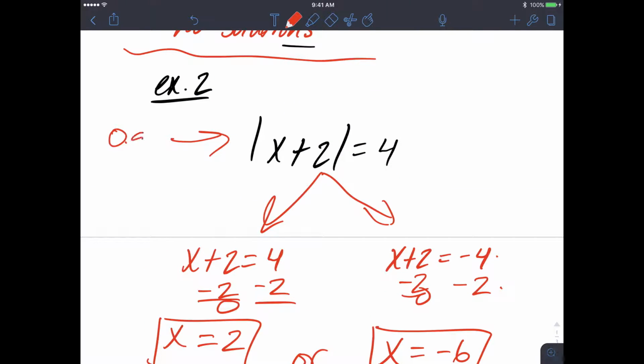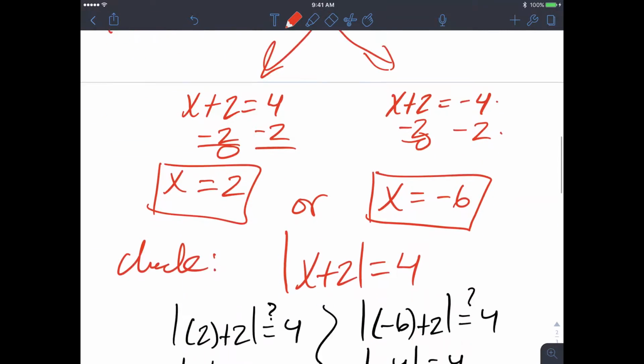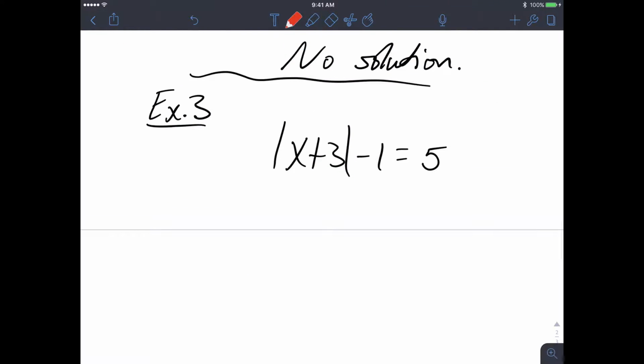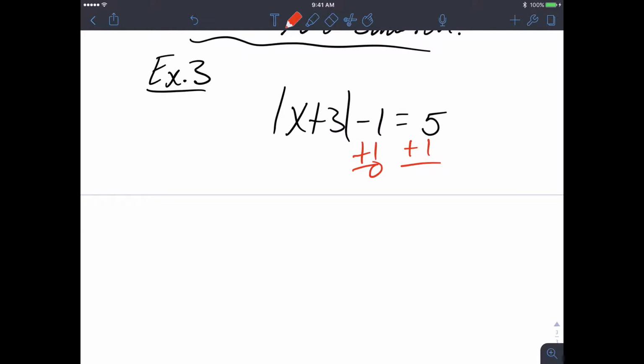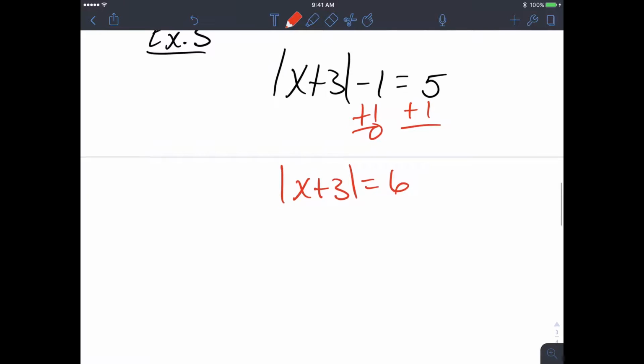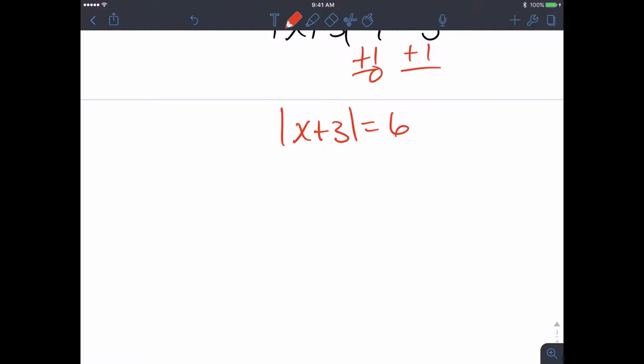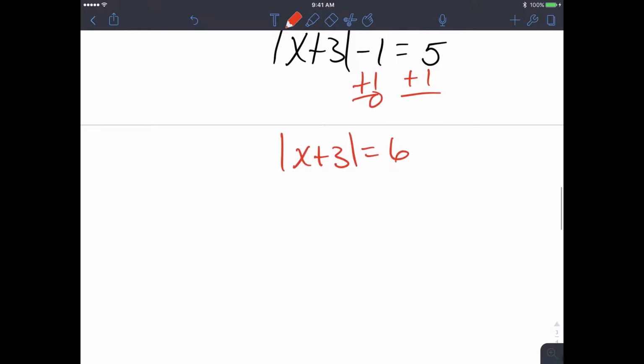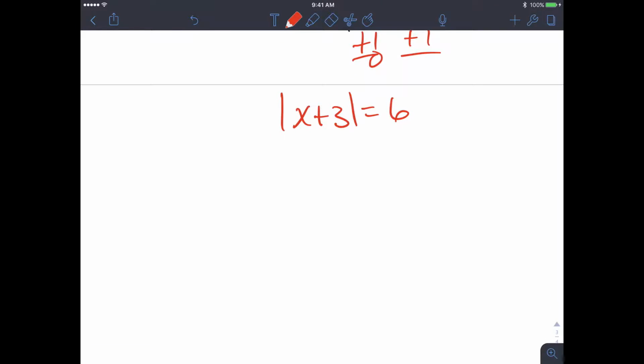I'm going to call that OG form, original form. So in order to do that, we're just going to add 1 to both sides, because what you do to one side, you do to the other. And you're going to get the absolute value of x plus 3 equals 6. Now that we have it in the original form, or the form that we want, I'm sure there's a more technical term for it, but that's what I'm going to call it. Now we can break it up.